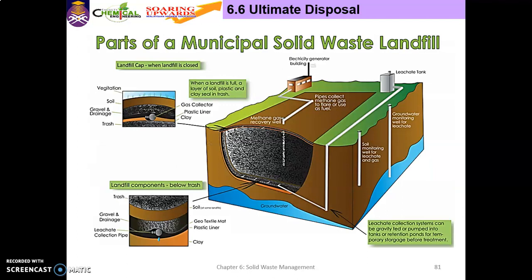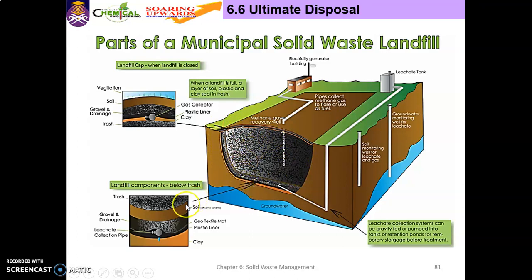This is an example of an MSW landfill. If you look here, this is the overall view of the landfill. At first, they will dig the soil and make a hole, and then they will dump all the waste.